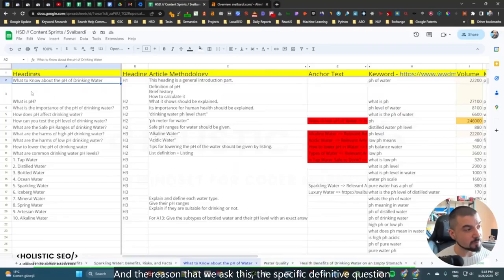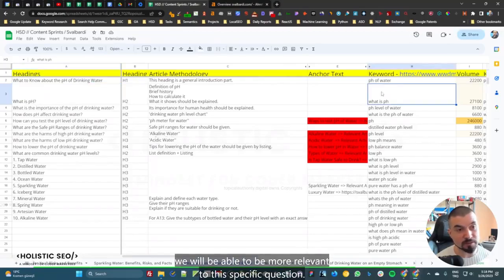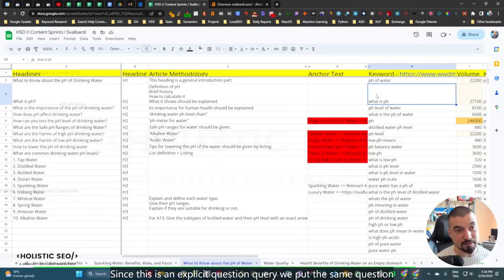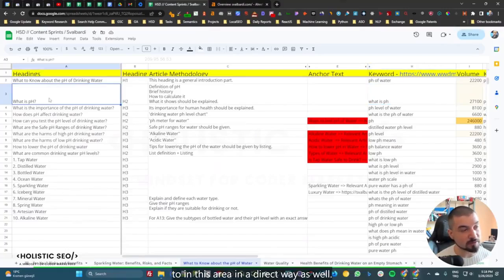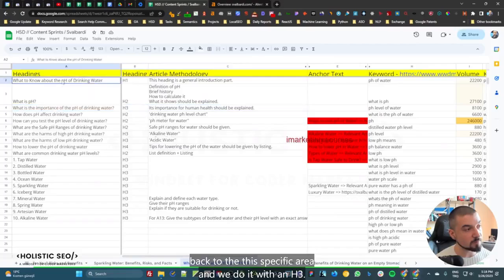The reason that we ask this specific definitive question is that if we are able to define the concept of pH in a better way, we will be able to be more relevant to this specific question. Since this is an explicit question query, we put the same question in this area in a direct way as well. Once we define it in a better way, we connect it back to this specific area with an H3.